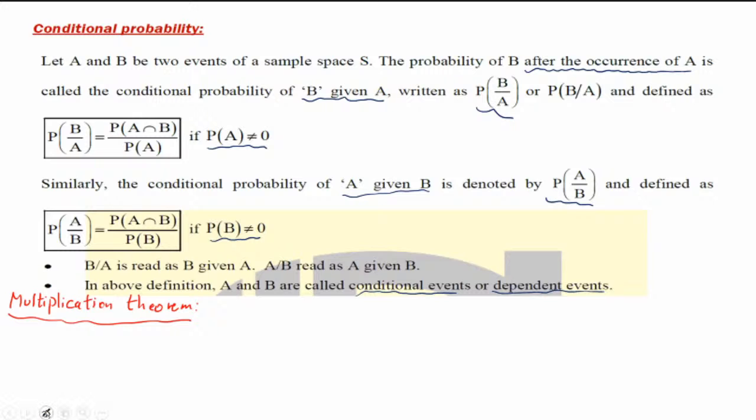When the question is related to the probability that both events happen, that is A intersection B. A intersection B is also called both events A and B happen, in verbal language.